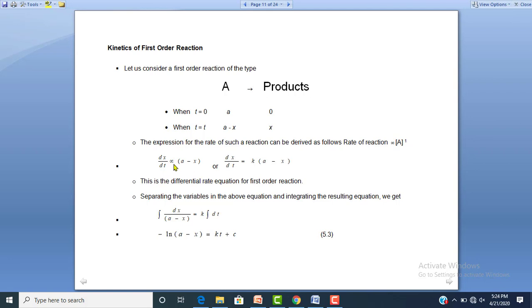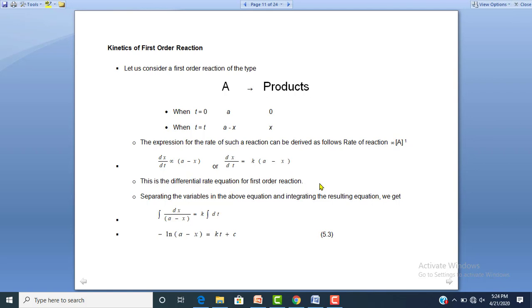When we eliminate this proportionality, the expression becomes dx over dt is equal to k into (a minus x), and this k is called rate constant. And in the next lecture, we will find out the value of this k. Dear students, this equation dx over dt is equal to k into (a minus x) is the differential rate equation for the first order reaction.